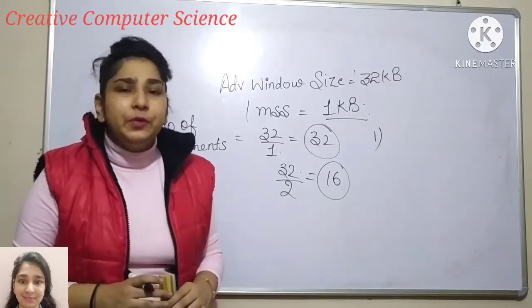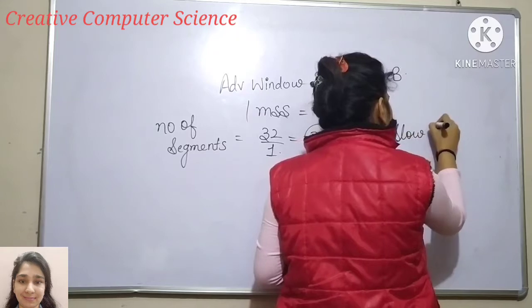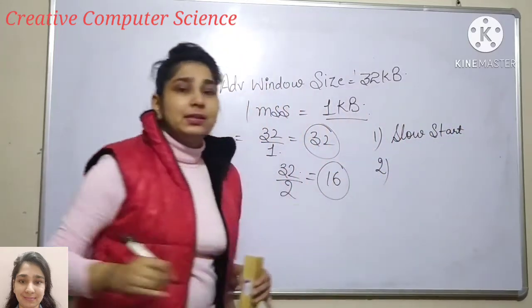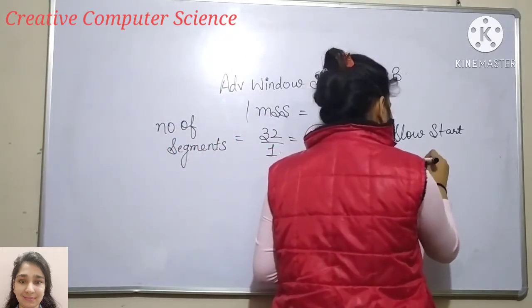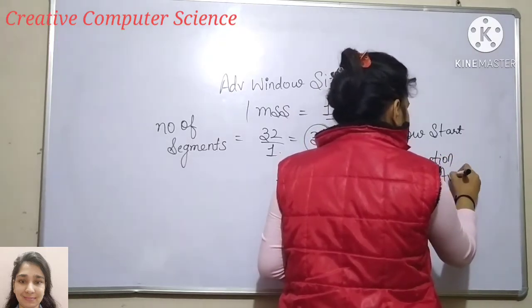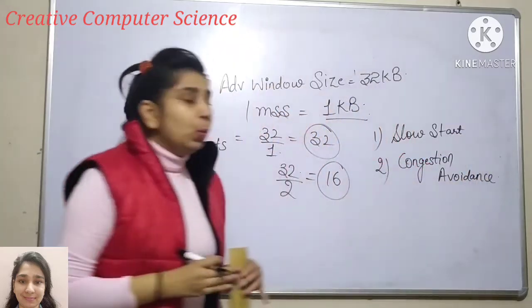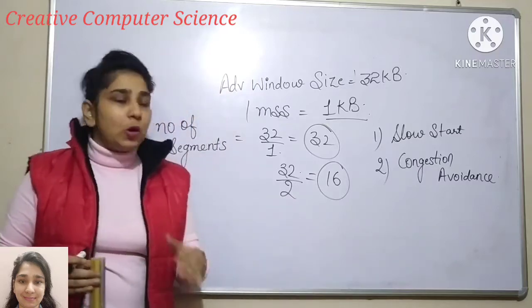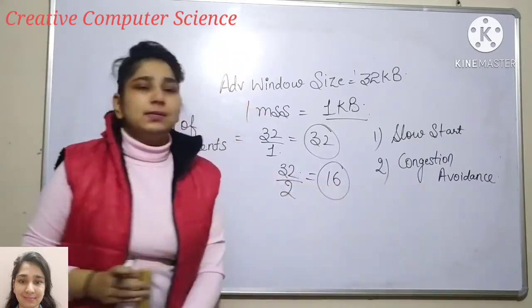We have two phases. The first phase is the slow start phase and the second phase is congestion avoidance.